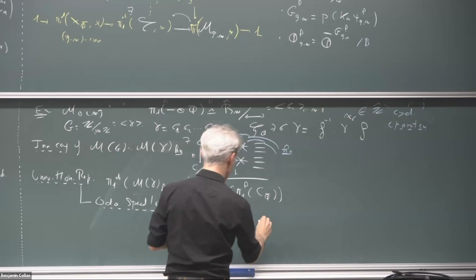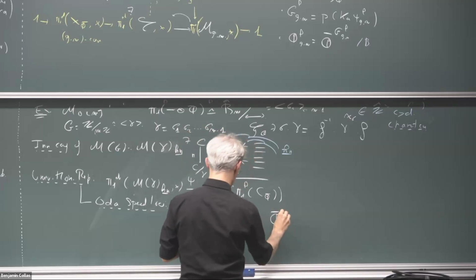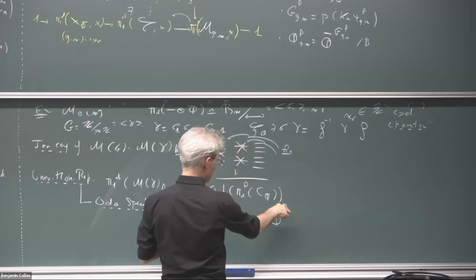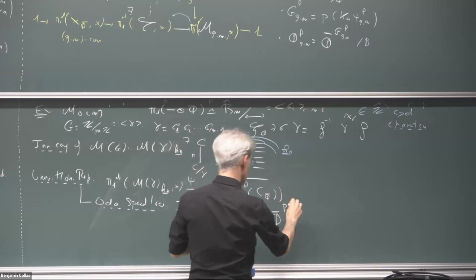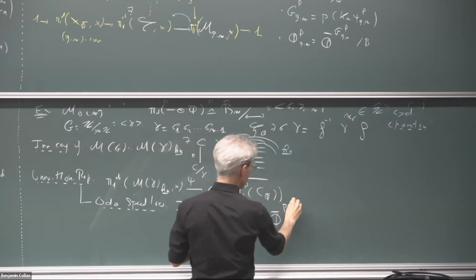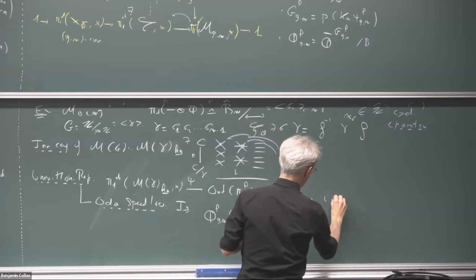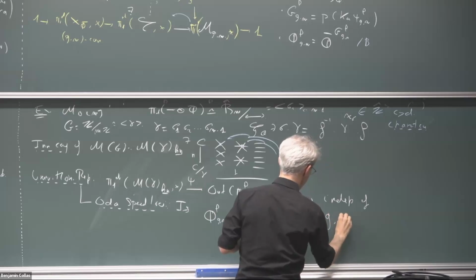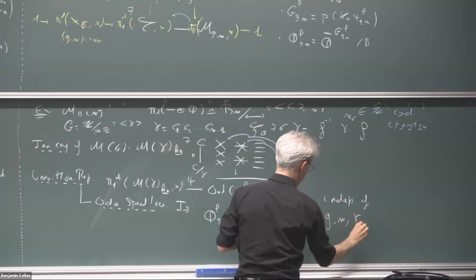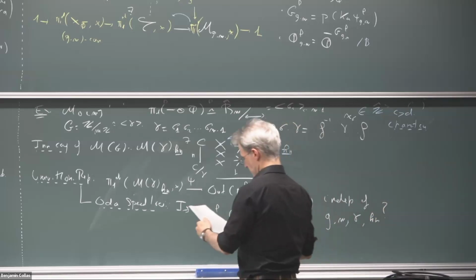So we need all these parameters defined as the fixed field by, as before, the projection onto the absolute Galois group of the kernel of this universal monodromy representation, independent of G, M, gamma, N, K.